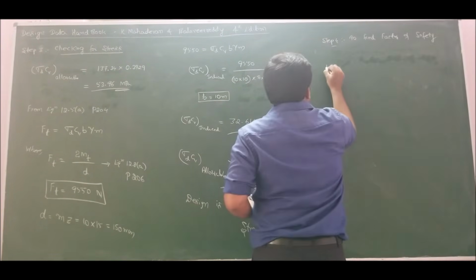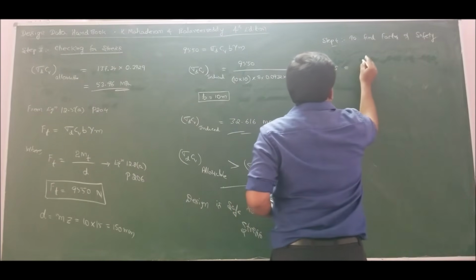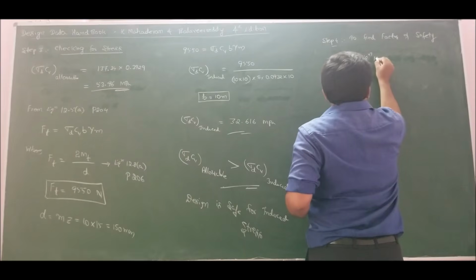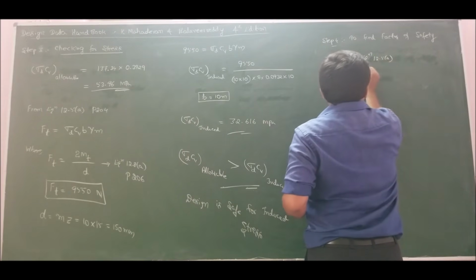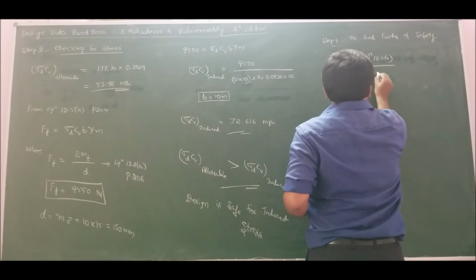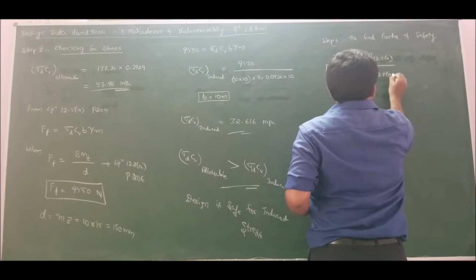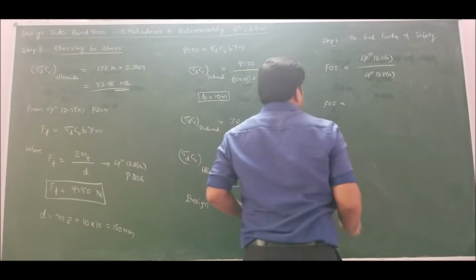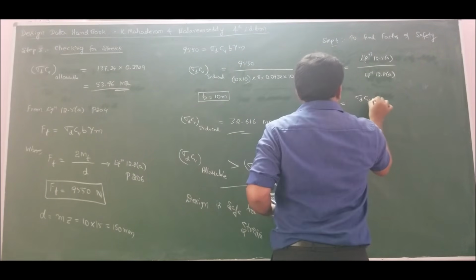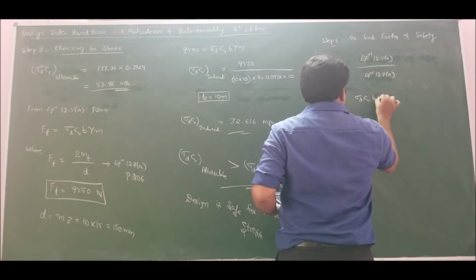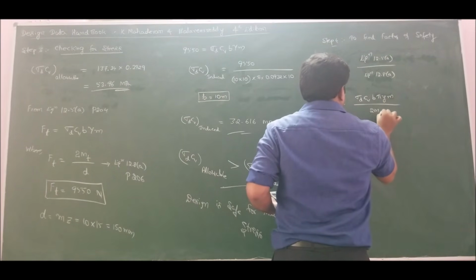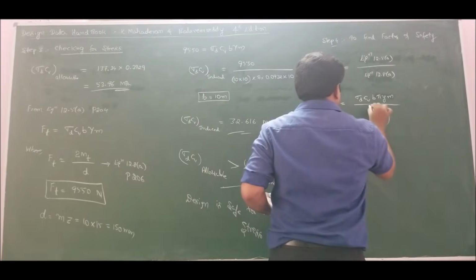Step 4, FOS is given by equation 12.5a divided by equation 12.8a. Substituting the values, I will get factor of safety as sigma d CV B pi times small ym divided by 2mt by d1.